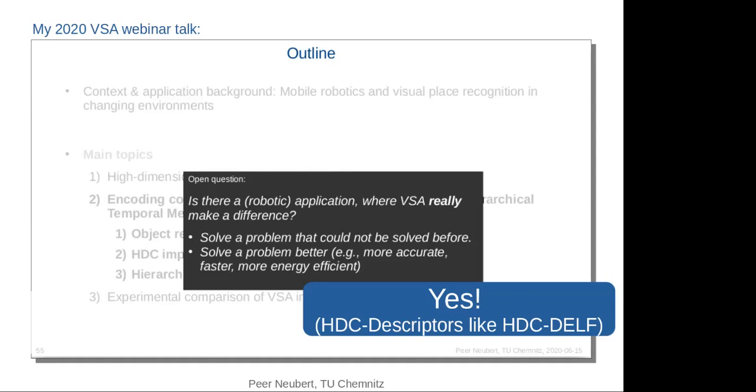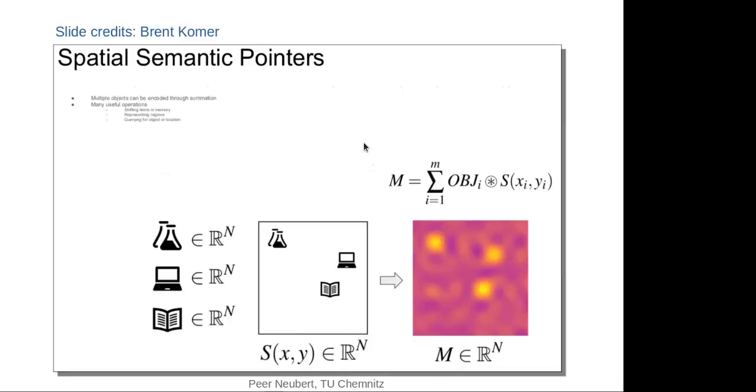So in particular, I think this HTC Delve approach is, from the hyperdimensional computing perspective, simple, but to the best of our knowledge, it solves this problem better than any existing approach. So from the HTC perspective, it's nothing new.